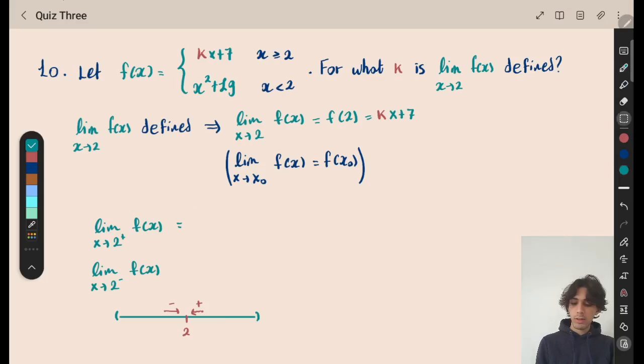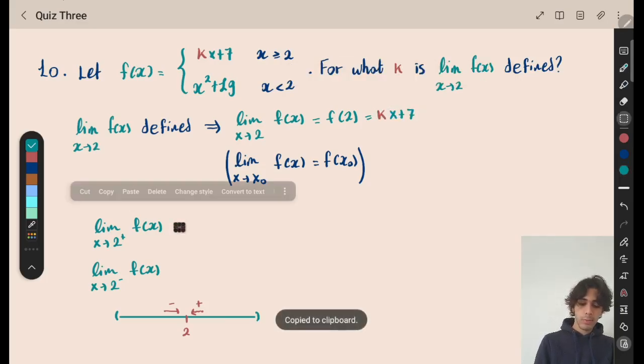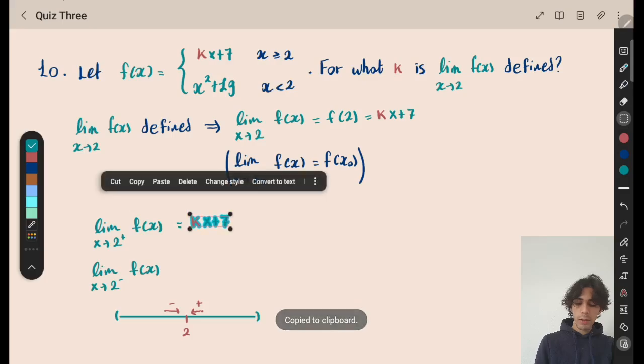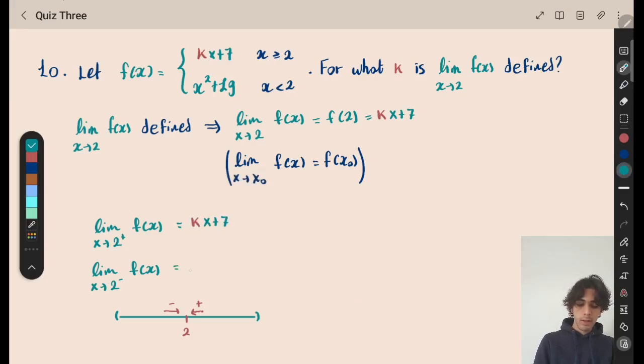So it is indeed what we have here, it is kx plus 7. But if we take a look at the 2 minus limit, because the function needs to be continuous, so if x is less than 2, just by a little bit, then it falls in this category. Then it should be equal to x squared plus 19.